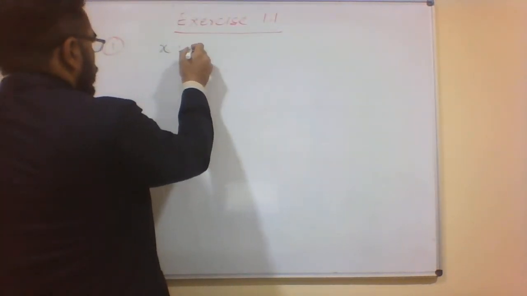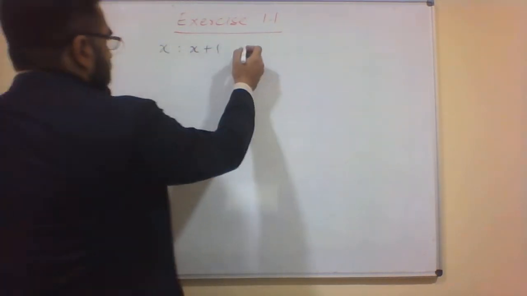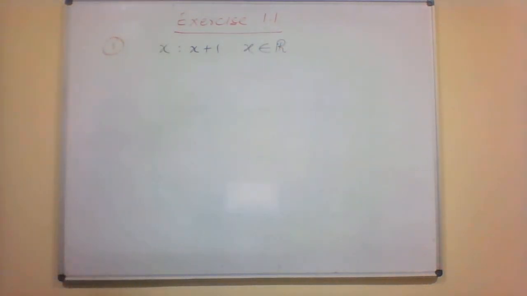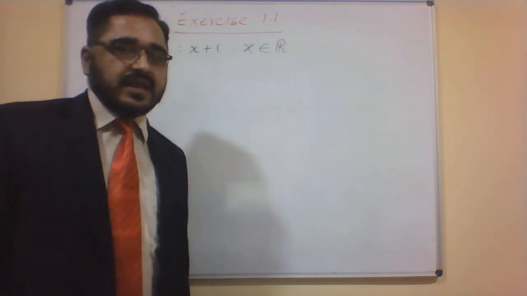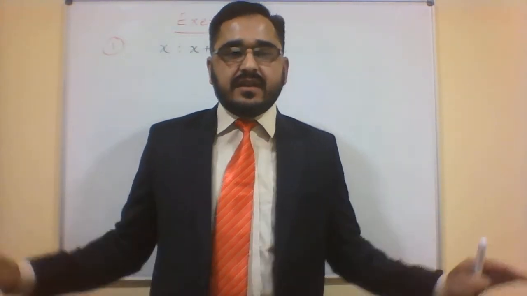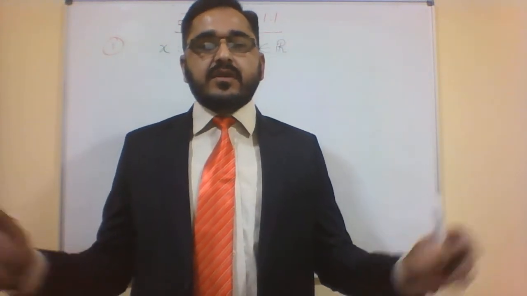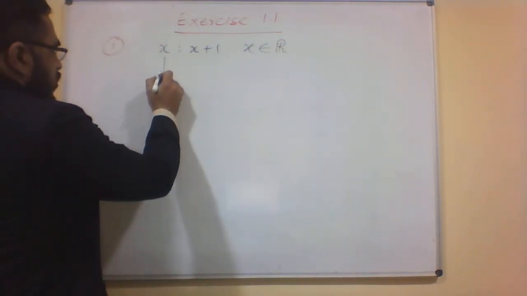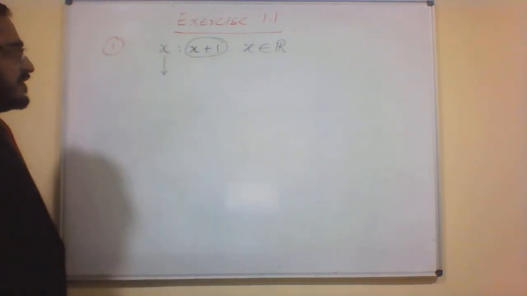Question number 1: x maps to x plus 1, where x belongs to the real numbers. Real numbers can be positive, negative, and 0 is also a real number, everything between minus infinity and infinity. If we take any value of x, we get a different value of y, where y is f of x.